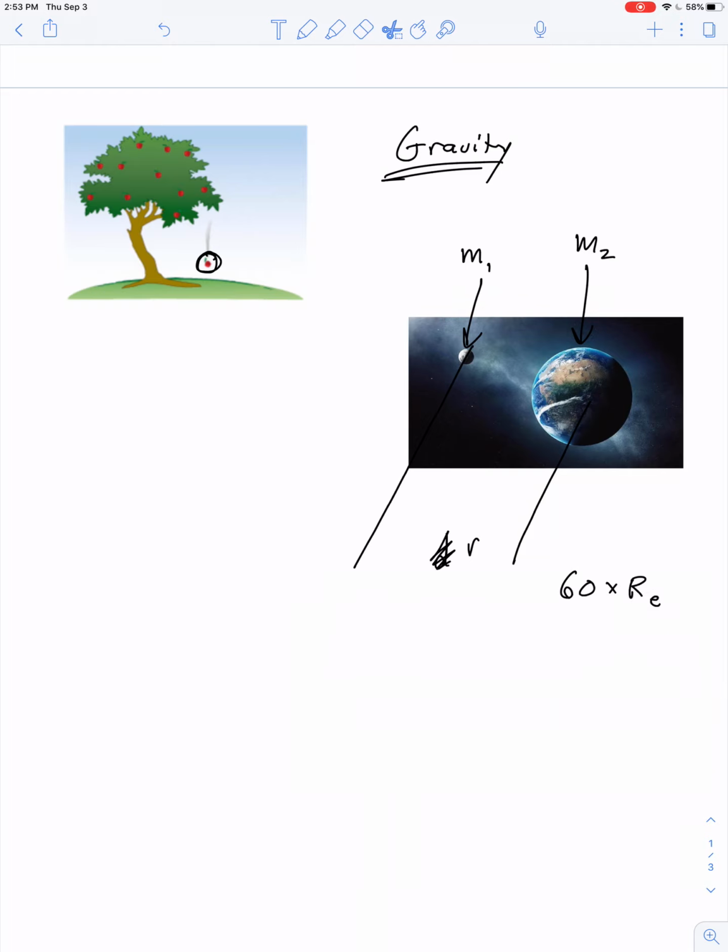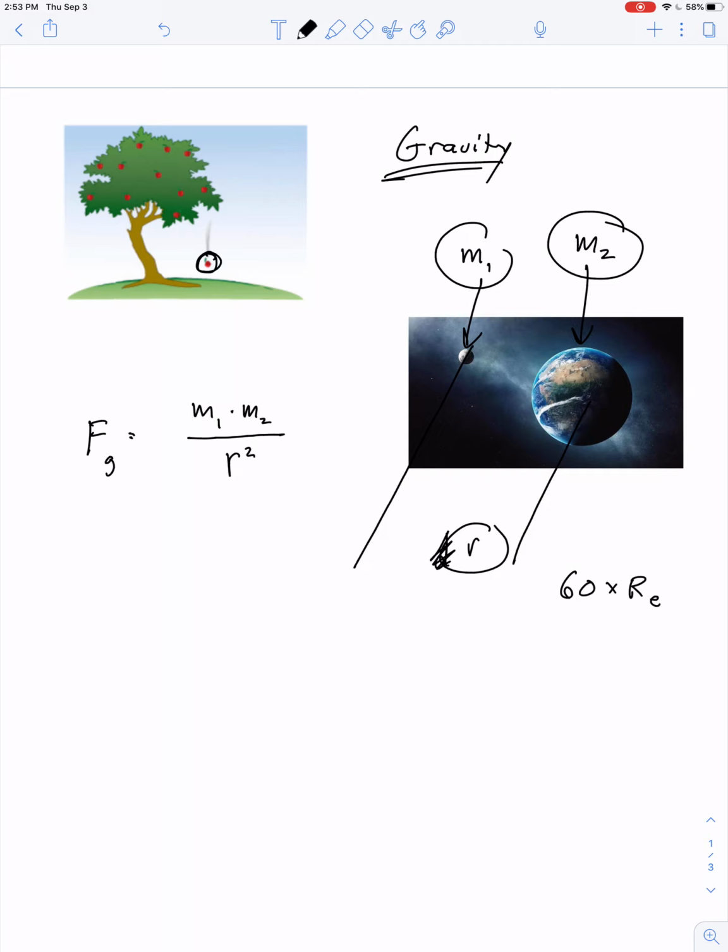Anyway, we'll find that if we know those quantities, the distance that separates the two objects and the mass of the two objects, then we can find out how strong the force of attraction happens to be. We say that the force of gravity is equal to the product, we multiply the mass of the one object times the mass of the other one, and then we divide it by the distance between the two of them squared.